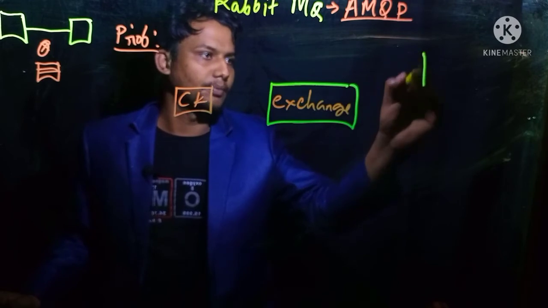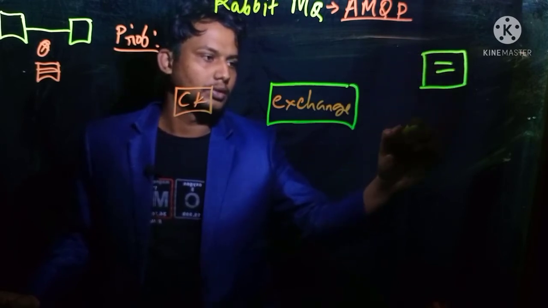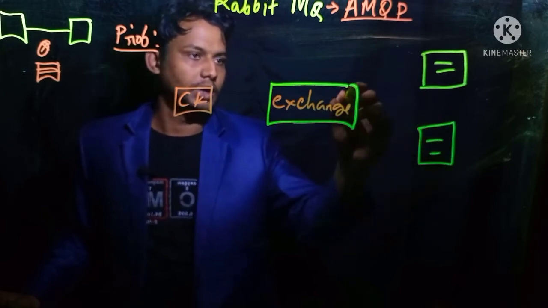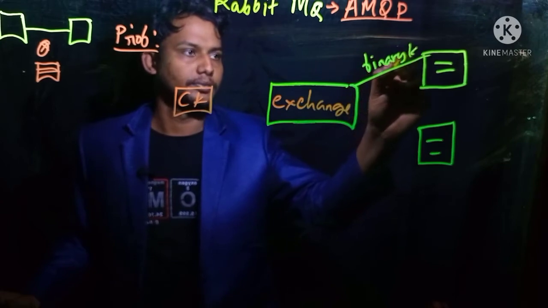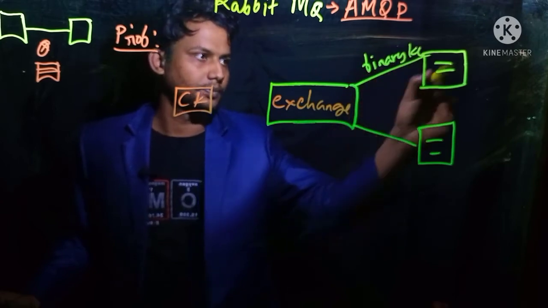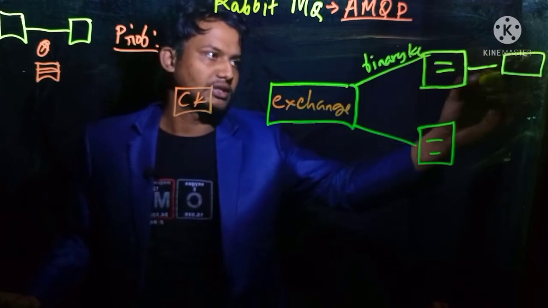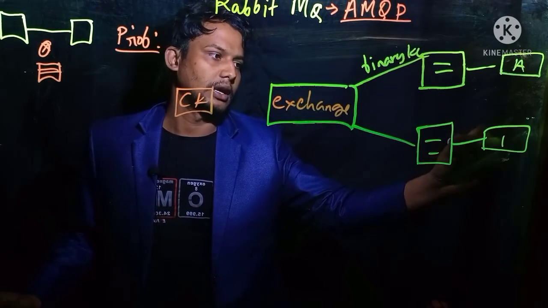And we have some message broker here. And they are connected with some binding key. And finally, we have our services, suppose called A and B.